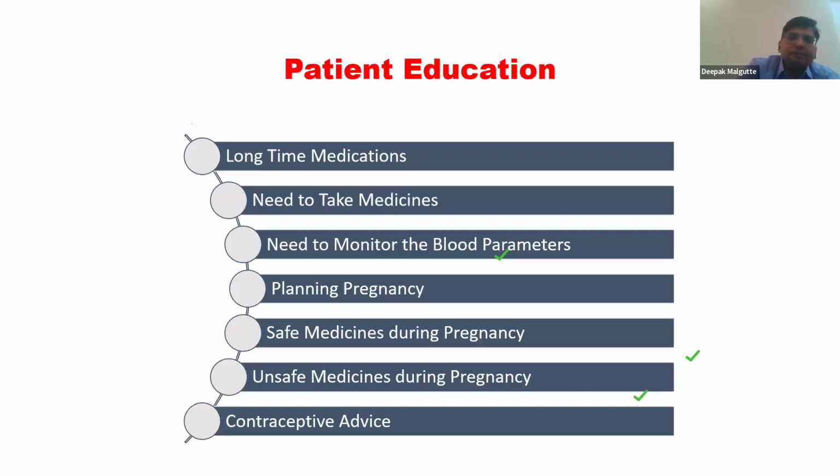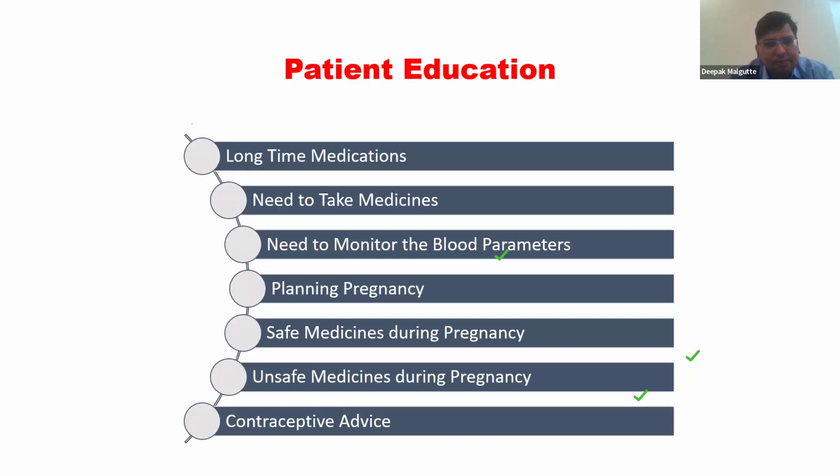Now, coming to the treatment part, the foremost important thing in this patient is patient education. The most important thing is we need to tell the patient that the therapy would be of longer duration, and they need to take medicine very properly and do blood monitoring on a regular basis, like CBC and liver enzyme evaluation.